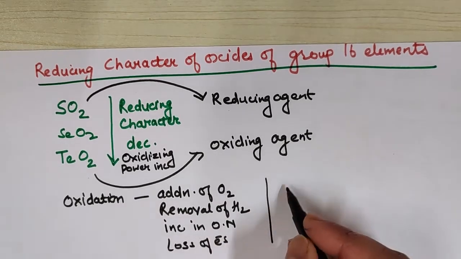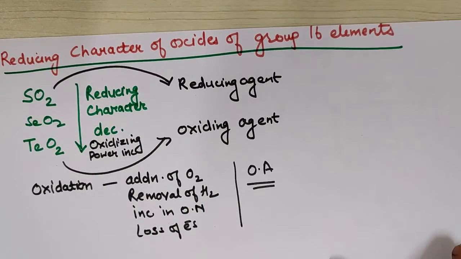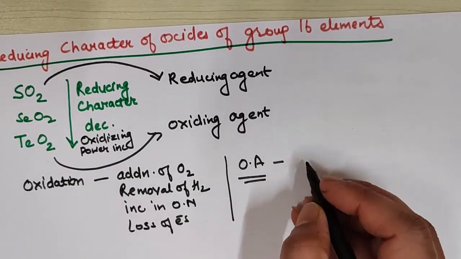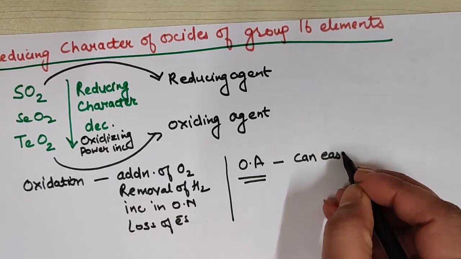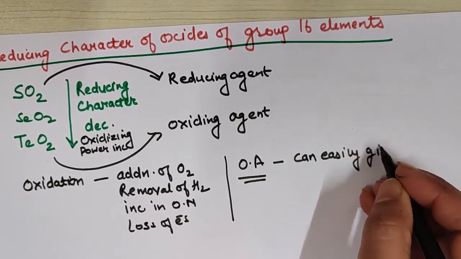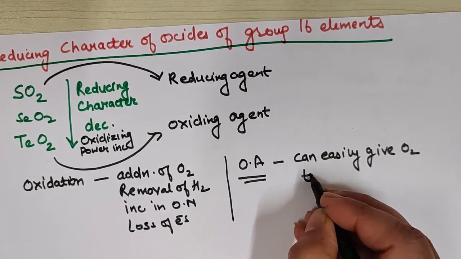Now how do we define an oxidizing agent? An oxidizing agent is any species which can easily give oxygen to other species.